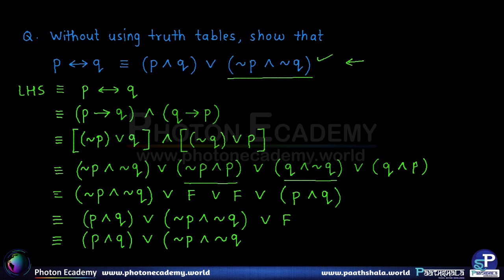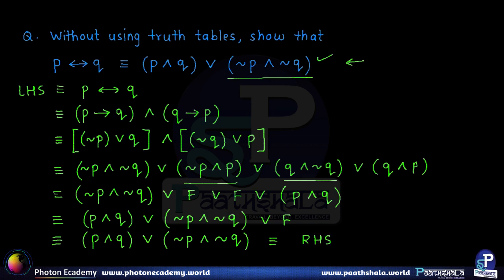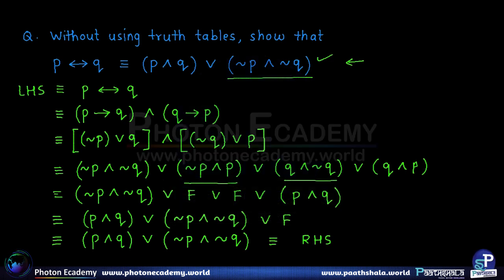And this is where lastly we use what is called as the identity law, that is some statement or false is equivalent to the statement itself, and this is nothing but the RHS. So this is how we use the laws to prove the equivalences without using truth tables.